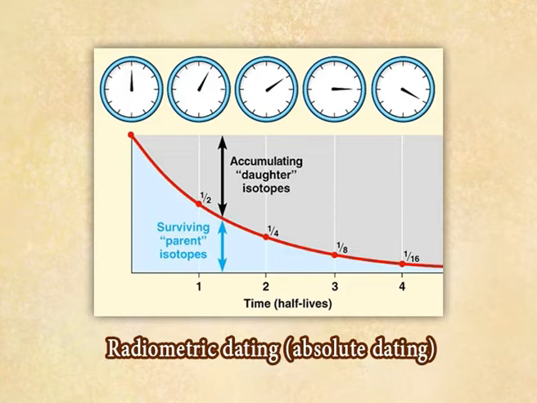By calculating the rate of disintegration and the amount of product formed since the rock crystallized, it is possible to calculate the date of rock formation. Following are some important radiometric methods which are used for age determination and hence for construction of the geological time scale.